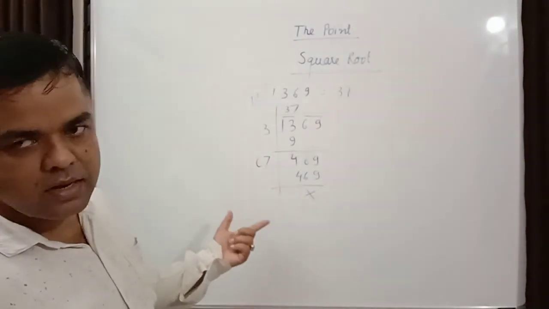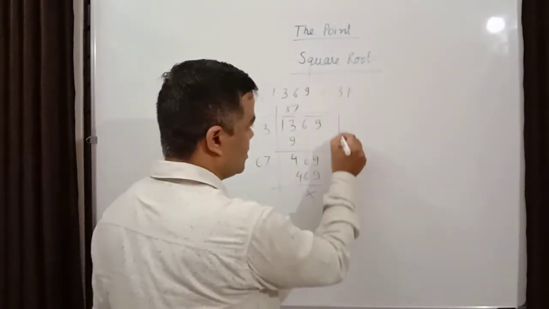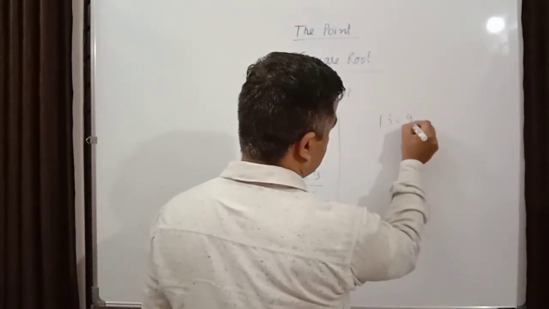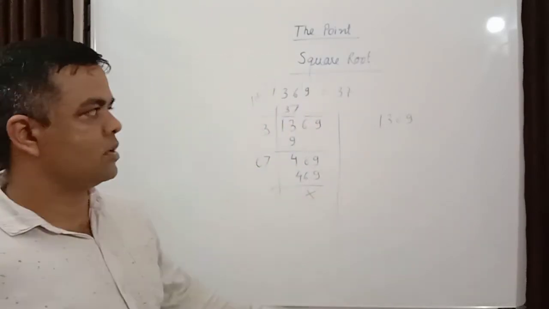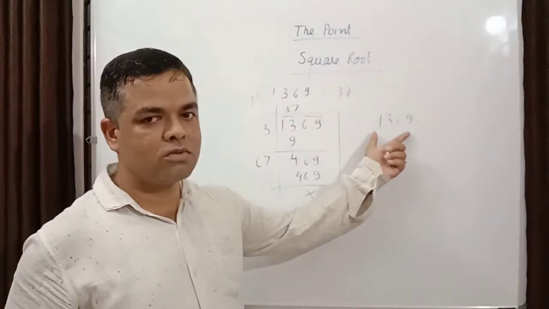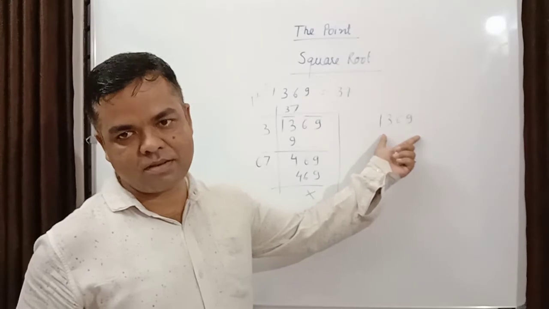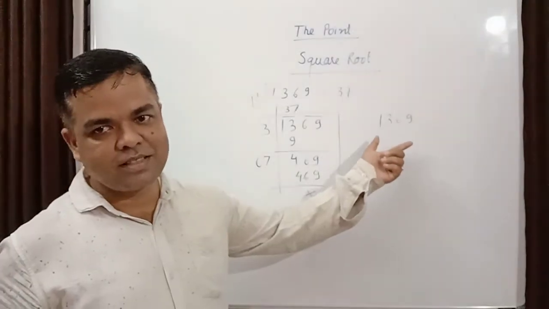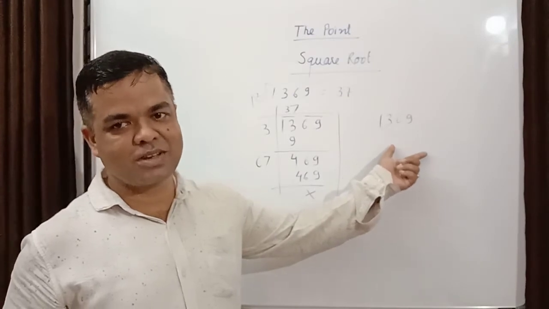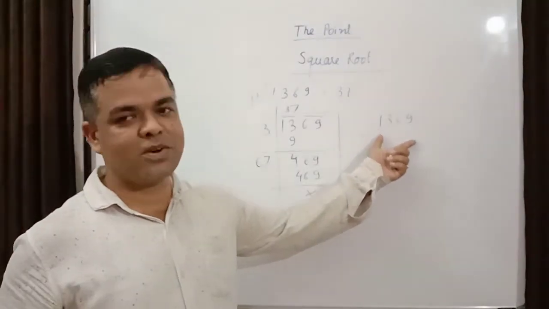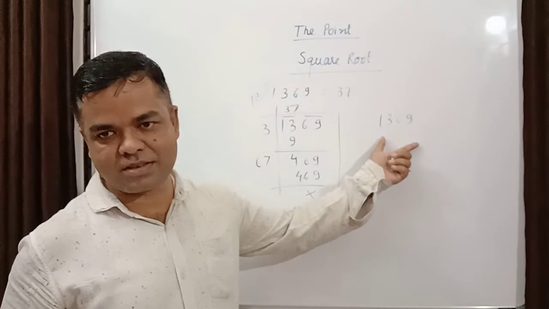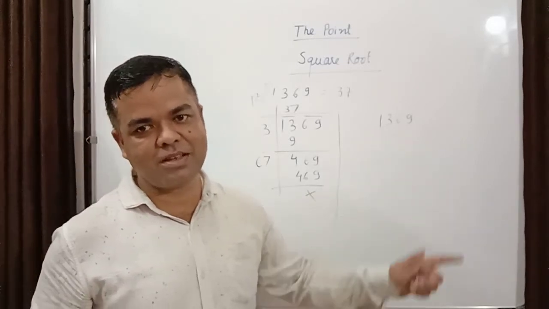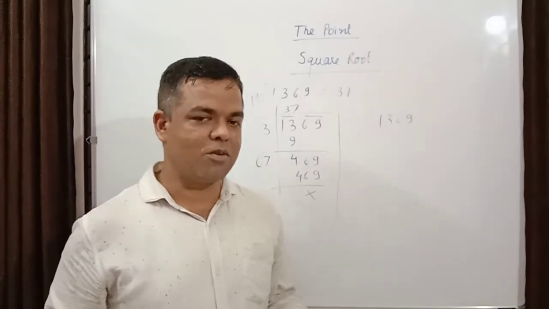Now I am going to take you through another method. You cannot do this by the factorization method unless you know the table of 37. Otherwise it is not possible to factorize this number. That's why I told you to at least remember the prime number table by heart.